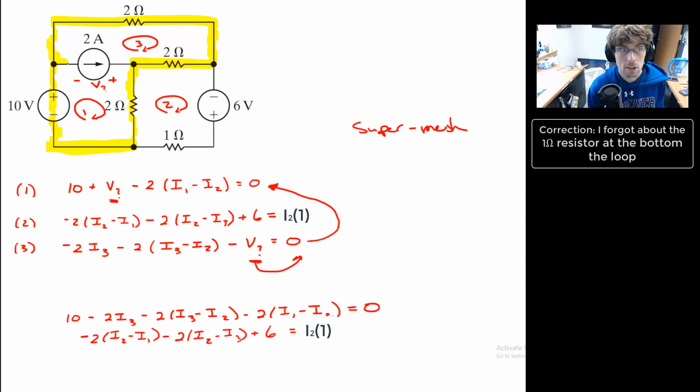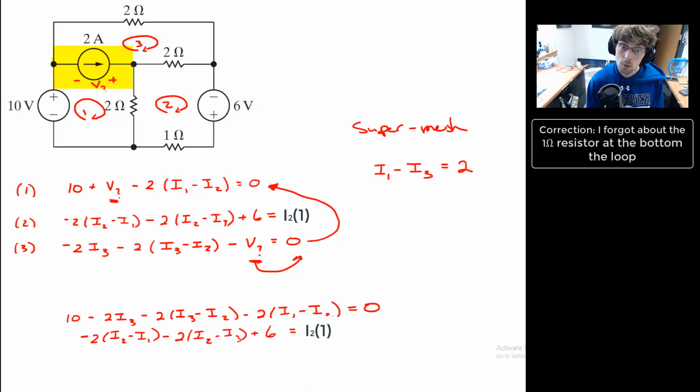And the third equation is going to come from the current source. We notice that if we take I1 minus I3, so I'm thinking about this branch right here, I1 minus I3 must be equal to the value of the current supply.